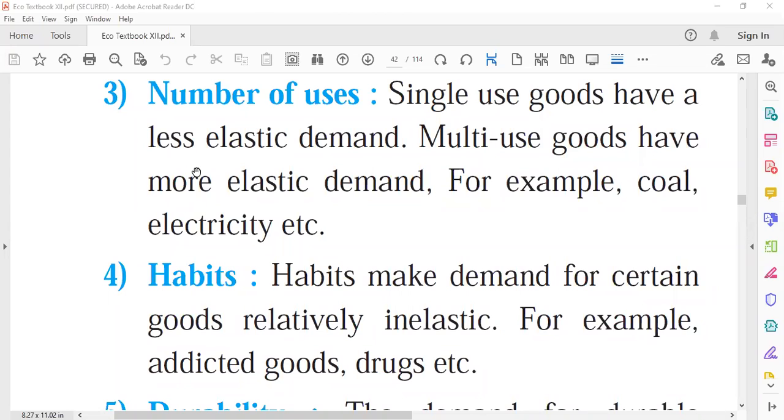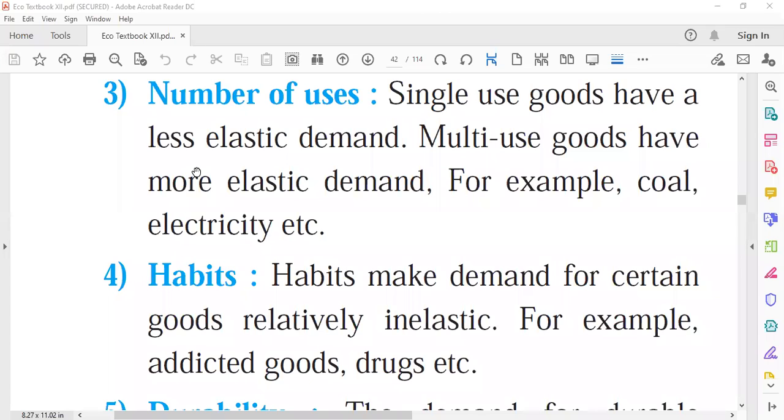But if the commodity has a specific purpose, then demand will be relatively inelastic. We can take the example of electricity.